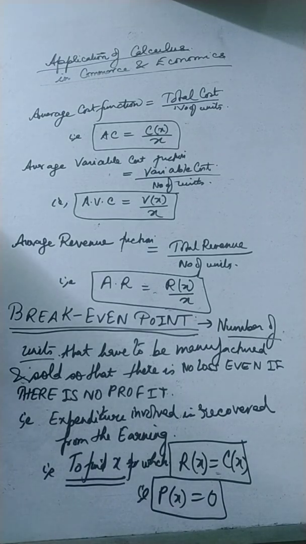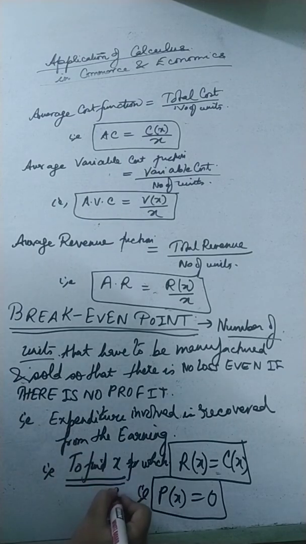You can solve this equation also. If the profit function is given, then you will solve it directly, that is, you will equate it to 0 and find out the value of x. That will give you the break-even point. And if revenue and cost functions are given, then obviously you will equate the revenue function and the cost function.